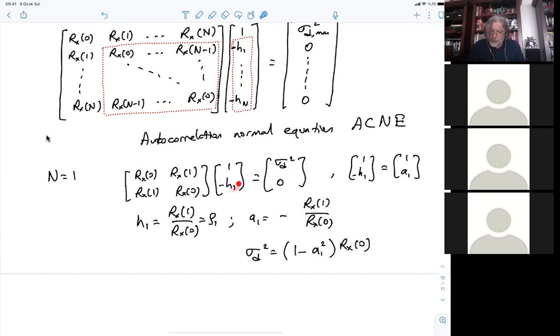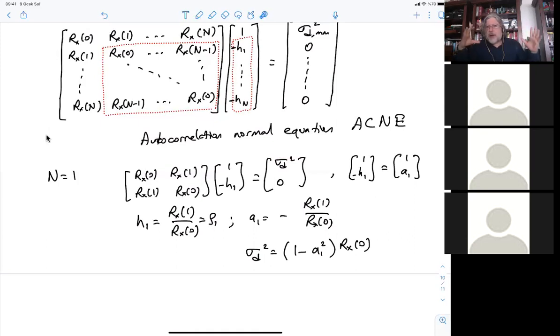So the new H1 will be an updated version of the previous H1, and the new H2 will be a completely new H2. Okay, it will be an incremental new information. H1 is updated, H2 emerges, and sigma d square also gets an update from the previous by making it larger.